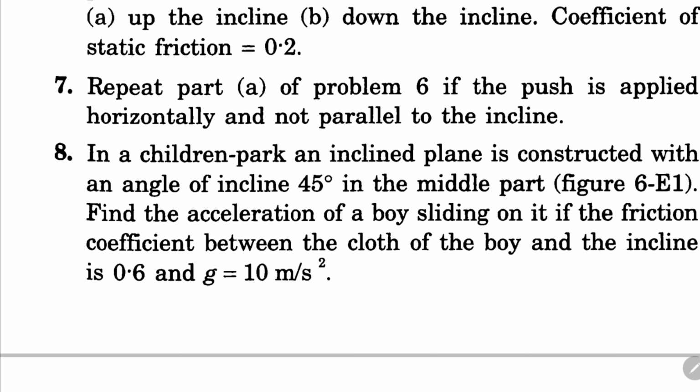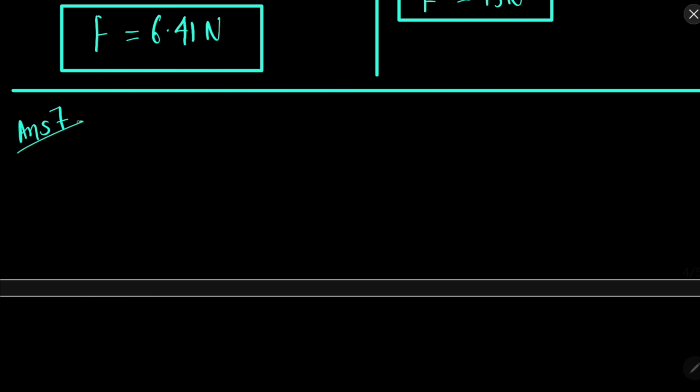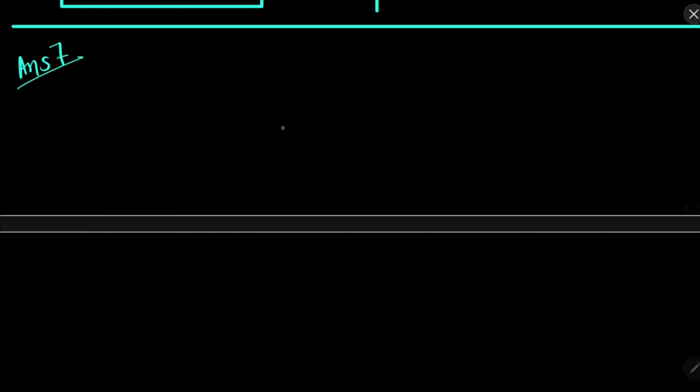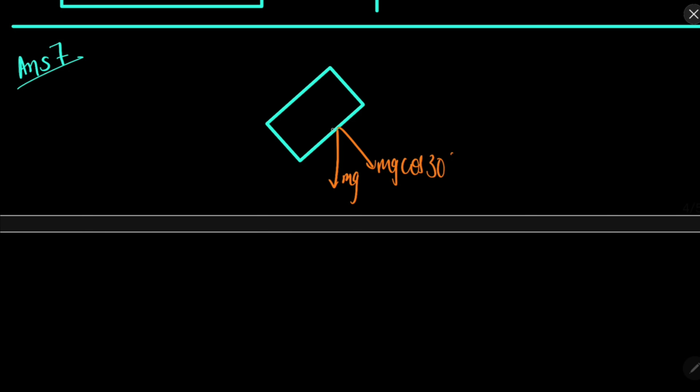Now we need to repeat part A of problem 6, but now the force is horizontal, okay, not parallel to the incline. So the situation is something like this: mg, same mg cos 30 degree, mg sin 30 degree.